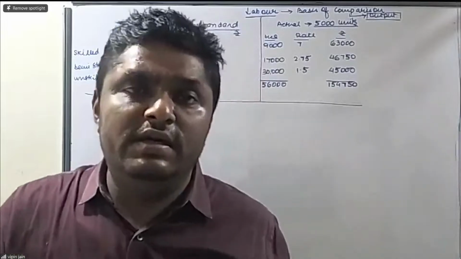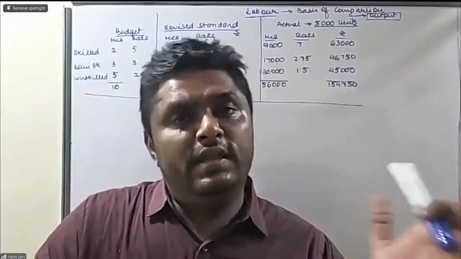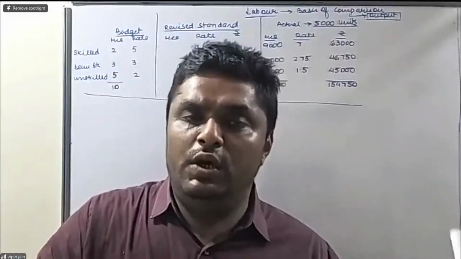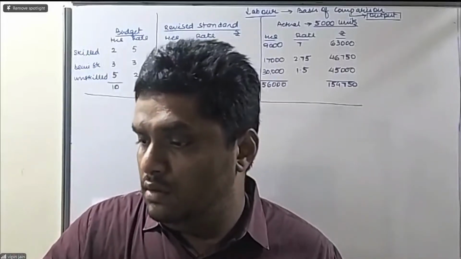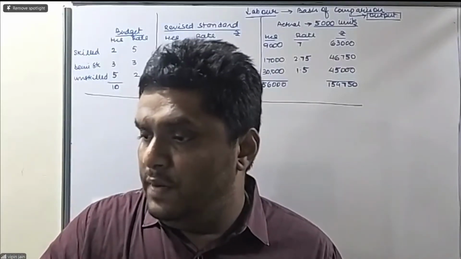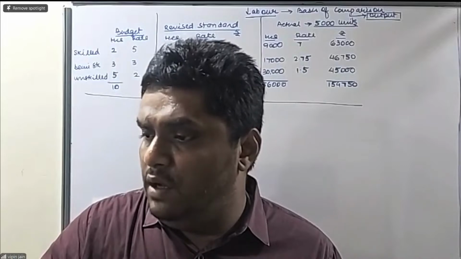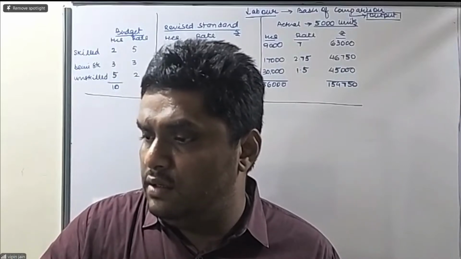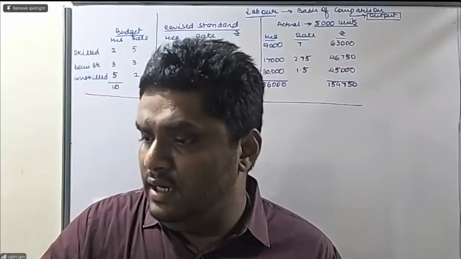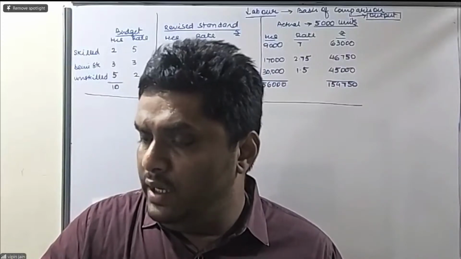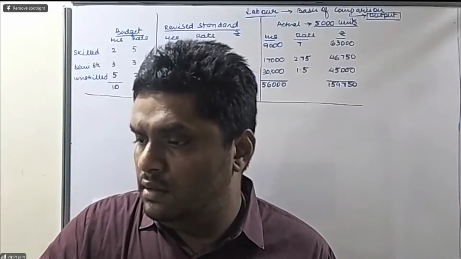I have discussed hundreds of times that first check the output, the budgeted output and the actual output. Don't see the inputs. Pranav, Nitin, Kasak, and Vedahi, your answers are incorrect. Neeru, again, incorrect answers.